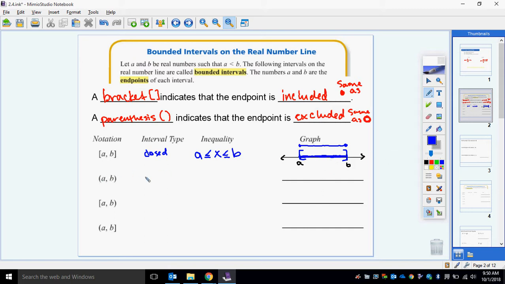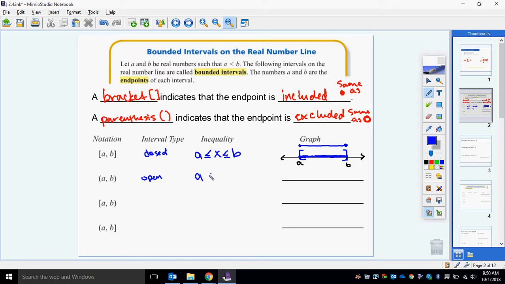The next one is an open interval, because we're using parentheses. So remember, these brackets mean that the endpoint is included. A and B could be solutions, but the parentheses mean that the endpoints A and B are excluded.